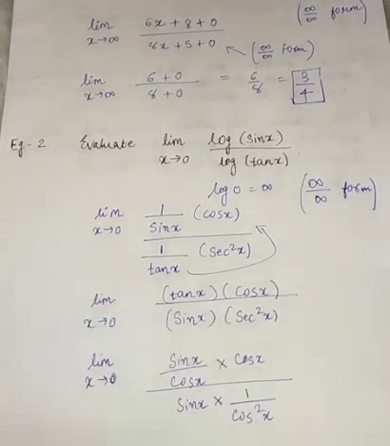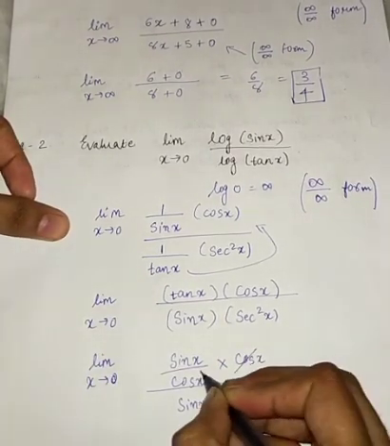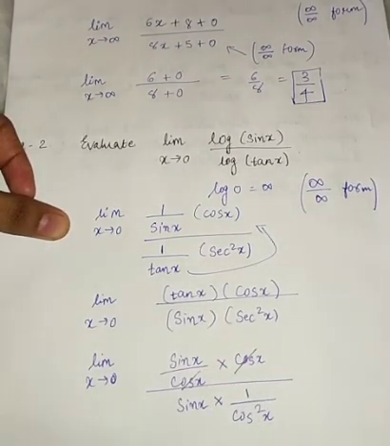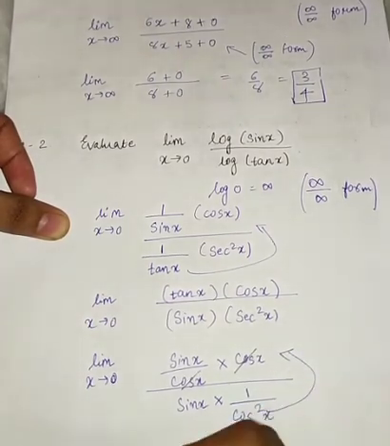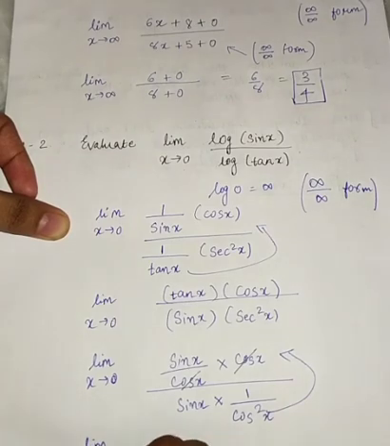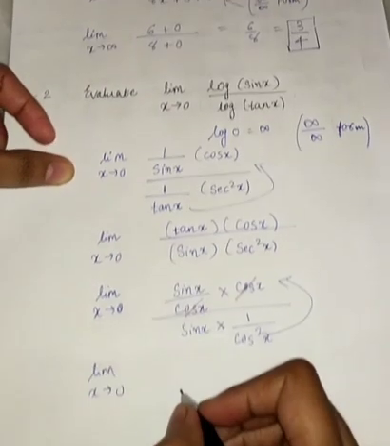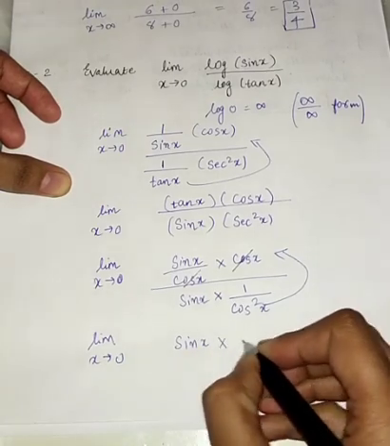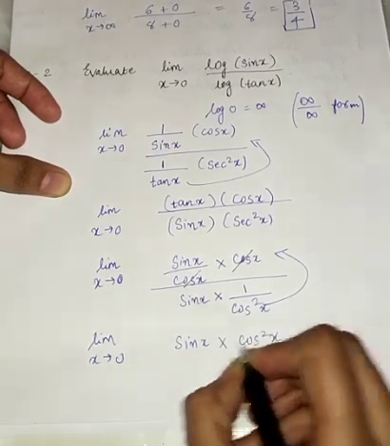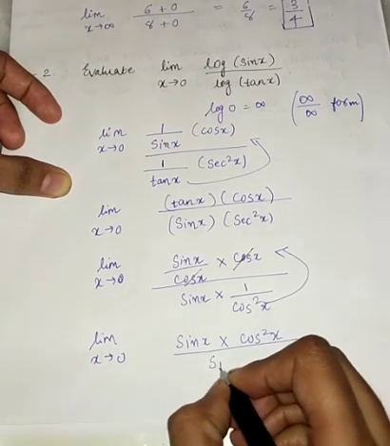This cos x and this cos x get cancelled. So we get, again this cos square x will go up, so we get sin x into cos square x upon sin x.